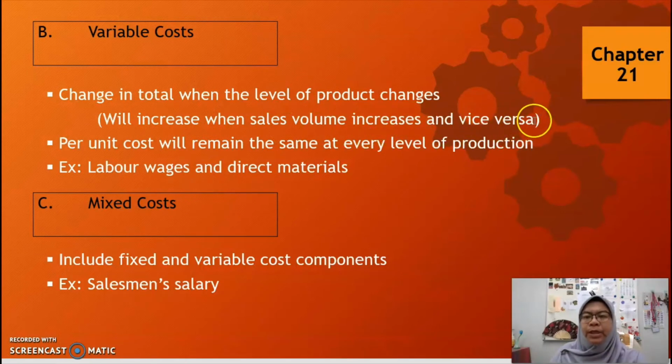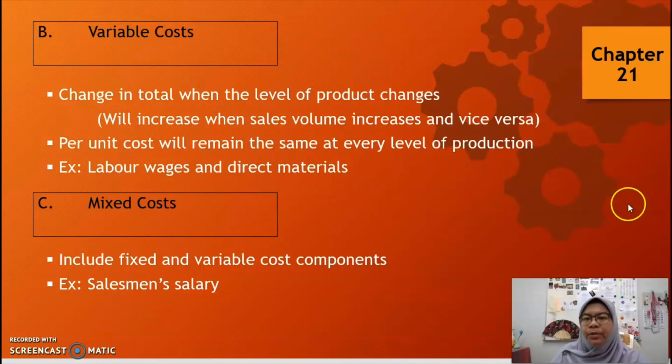So it will change in the same direction, a positive direction with the change in quantities. Variable cost per unit will remain the same at every level of production. Examples of variable cost are labor wages, the salaries that you pay for your employees, and also the direct materials that you use in the production of your product.